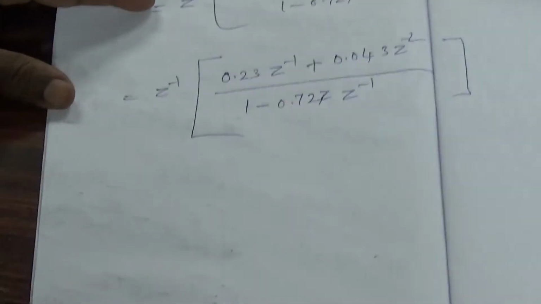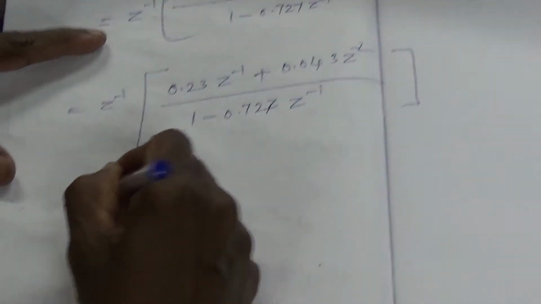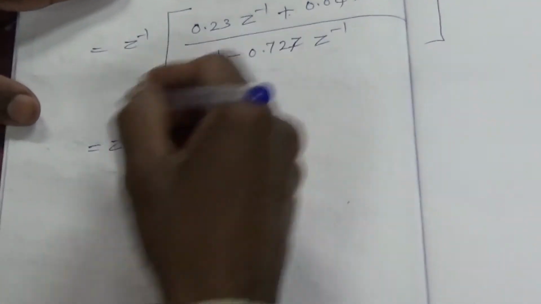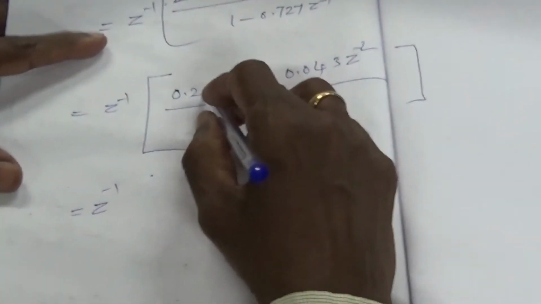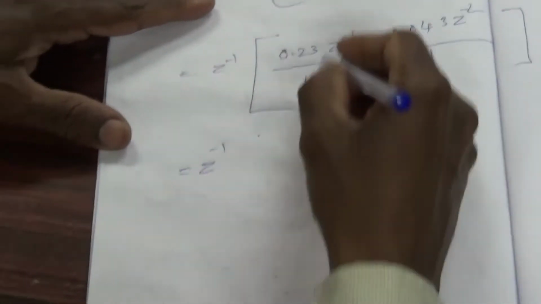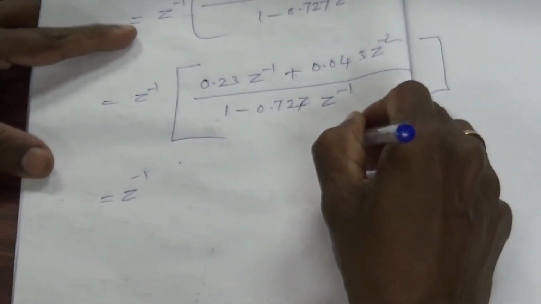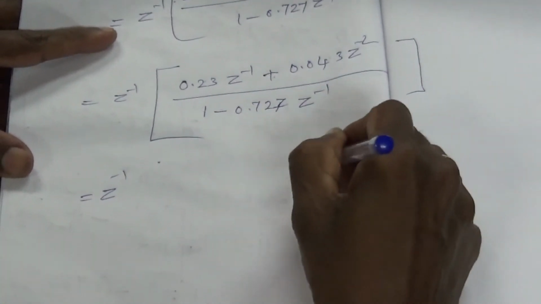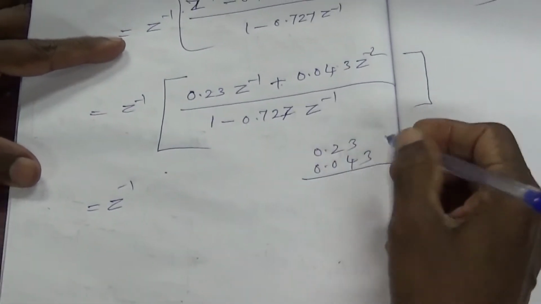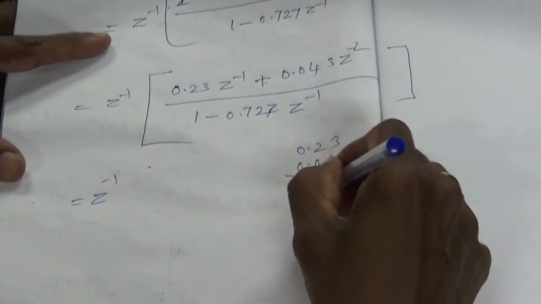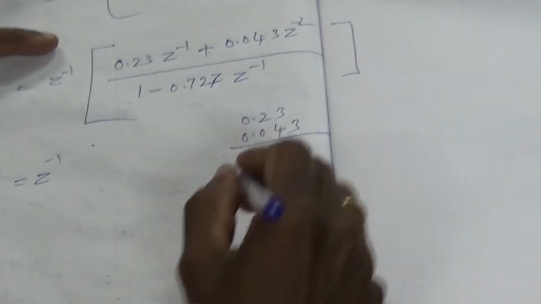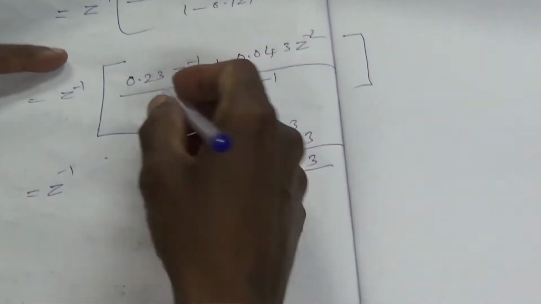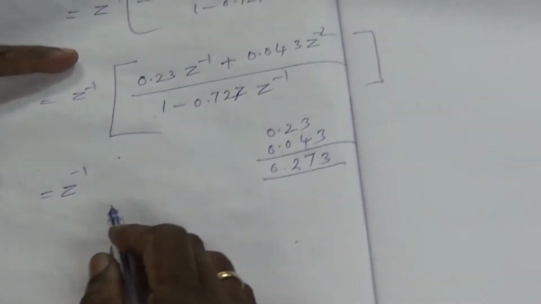I should have done for z power minus 1. We have to add these two, to make P1 and P2, we have to add these two: 0.23 plus 0.043 equals 0.273. We have to divide the numerator and denominator by 0.273.